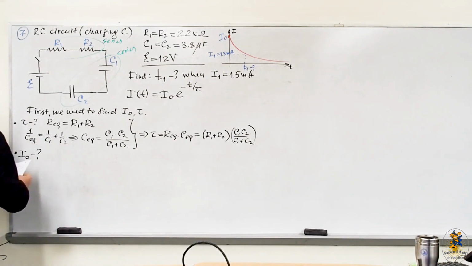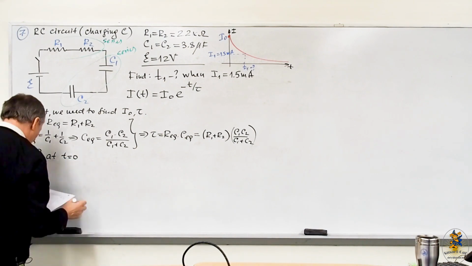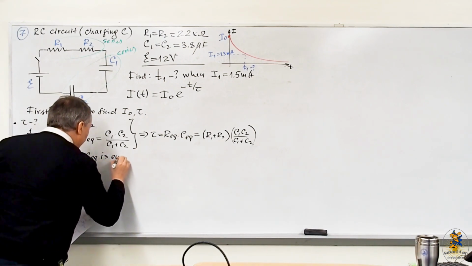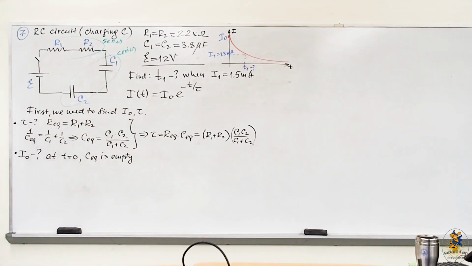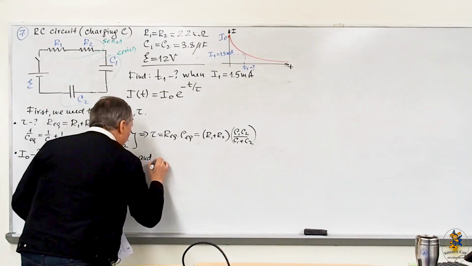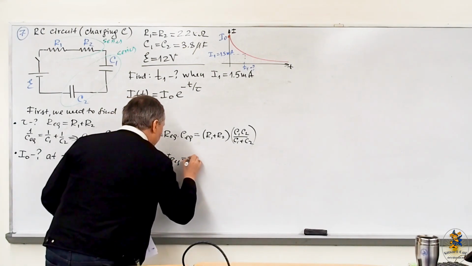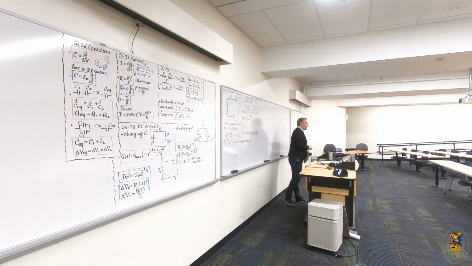Okay, so now let me write what I have in my notes. At t equals 0, the C equivalent is empty because, again, electrons haven't reached it yet. They just started running. And of course, delta V across our resistors equals the EMF, which is the potential difference across our ideal battery.